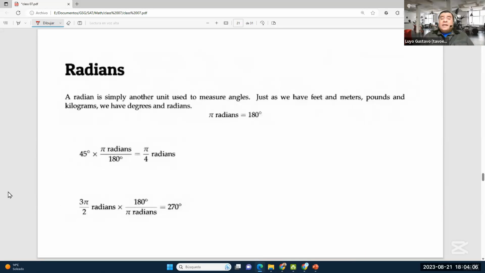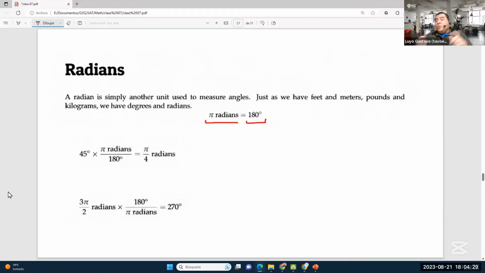Now, it's time to talk about the measures of angles, radians. Radians is a unit that we measure angles by, similar to sexagesimal degrees. There is just an equivalence. Pi radians equal 180 degrees.